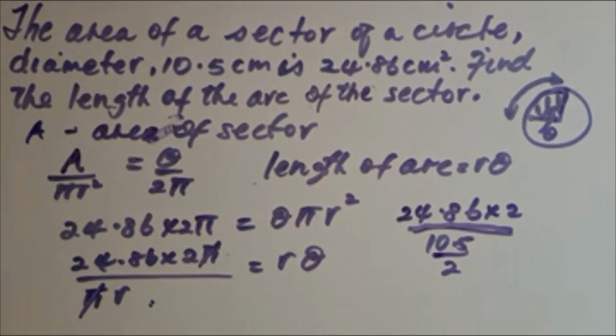We do not know what theta is, but we know the product of r and theta will give us the length of the arc that we're trying to find. This is r theta.